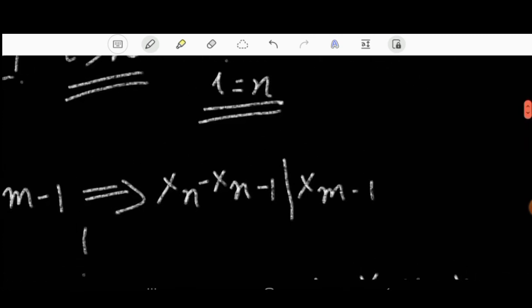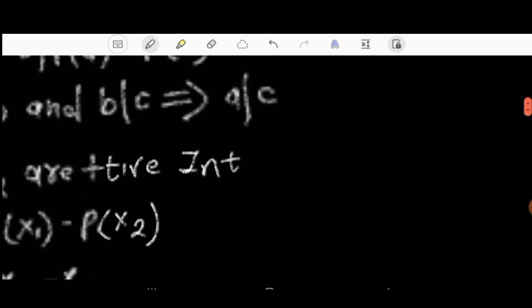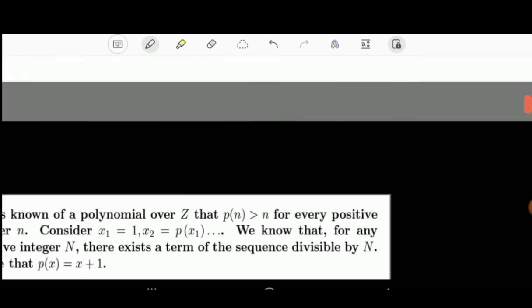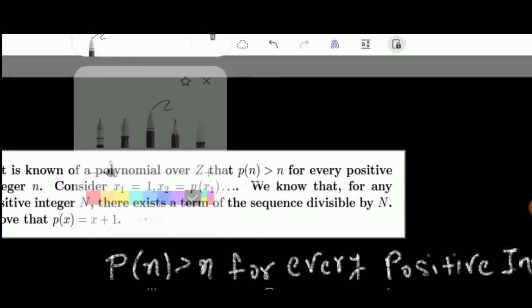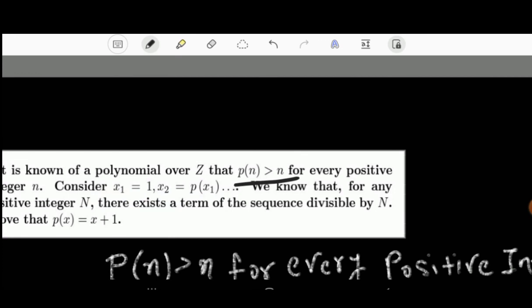And at the beginning we have seen that P of n is greater than n. This is here, P of n is greater than n, we already know.